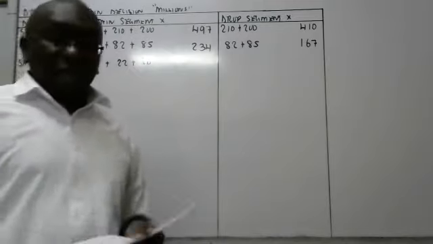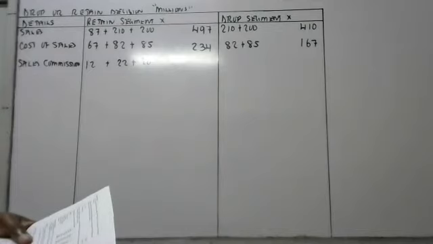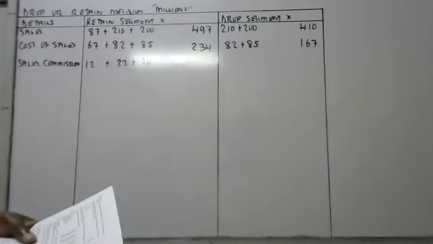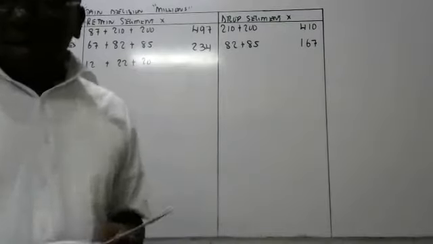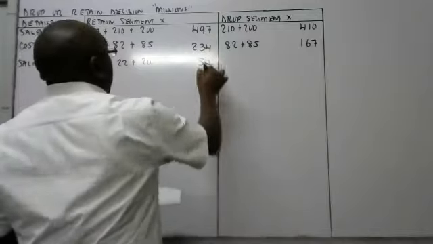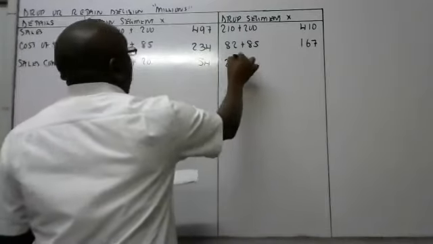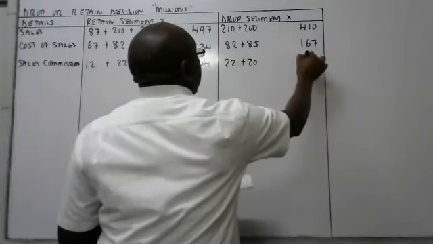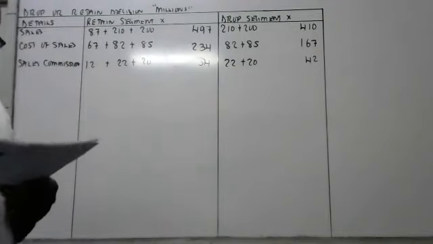Add them and give me the answer. Yes, Jamal, I can see 54, good. And then if we drop, it will be 22 plus 20, and that is 42.